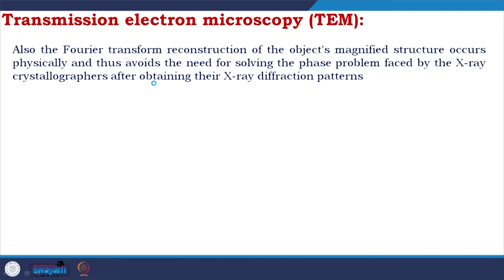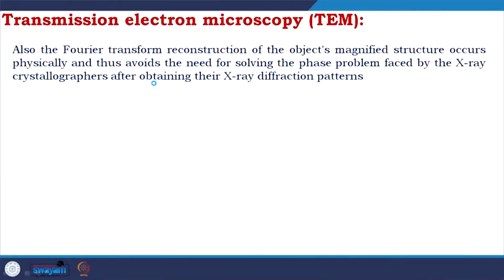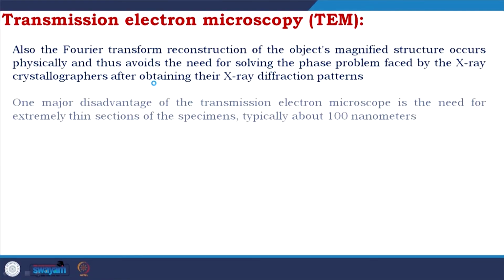Also, the Fourier transform reconstruction of the object's magnified structure occurs physically and thus avoids the need for solving the phase problem faced by the X-ray crystallographers after obtaining their X-ray diffraction patterns. I hope I do not have to refresh your knowledge about the big phase problem in X-ray crystallography. We have talked a lot about them. Fortunately, this problem is not present in the electron microscope.